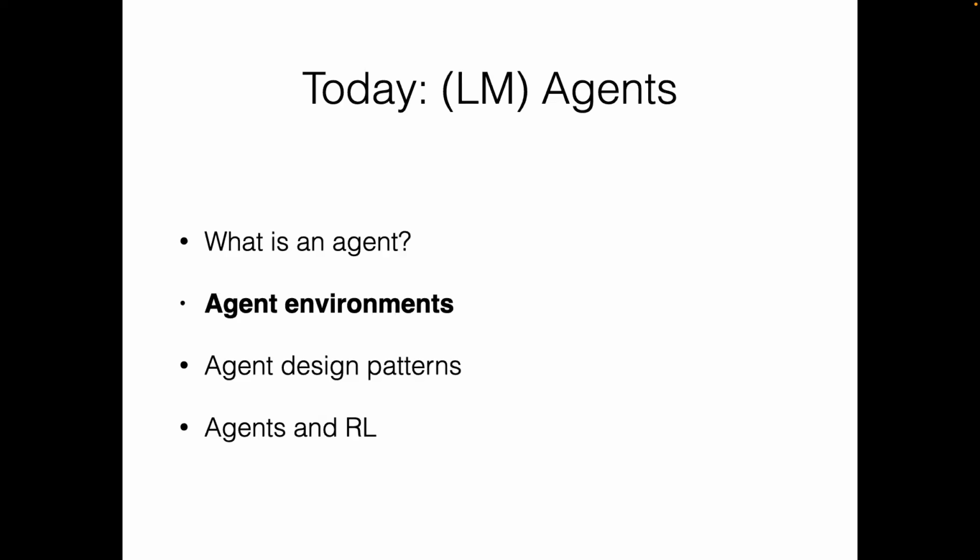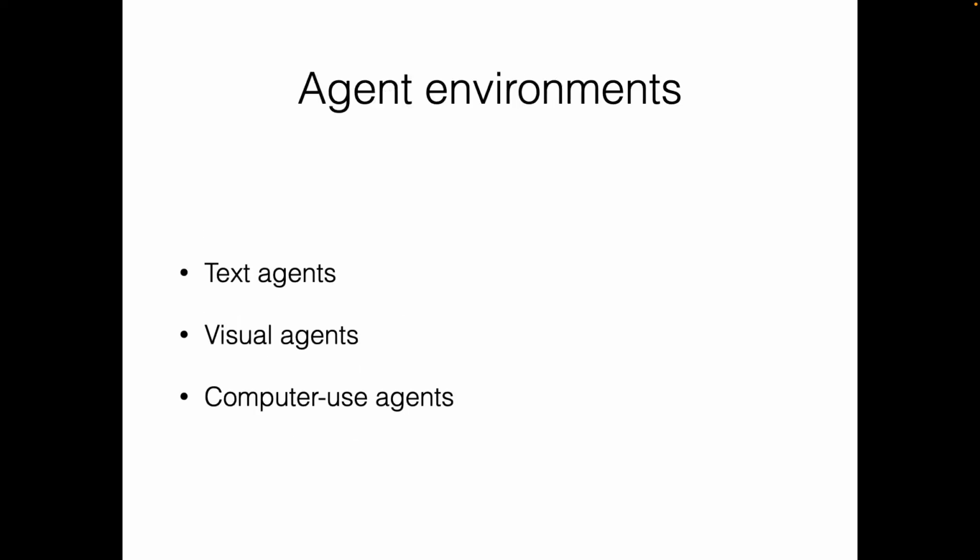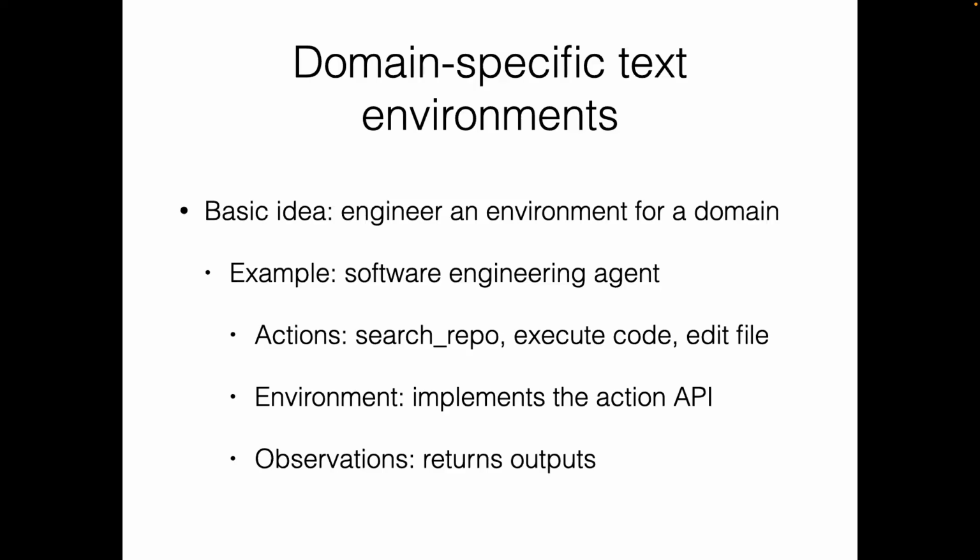Okay, let's take a look at some more environments. Here it's broken down into text environments, visual ones, and computer use. For text environments, the high level strategy is to pick a domain or a problem that you're interested in, and then think about what the different actions or tools are that your model would need in order to solve the problem.